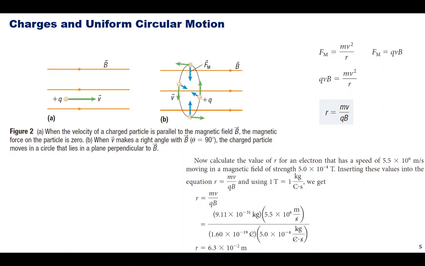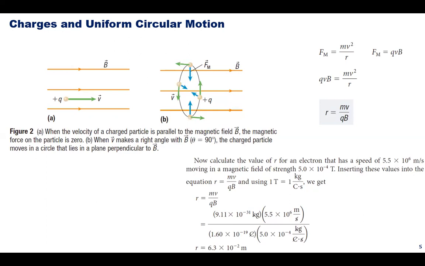We know that Fm, the magnitude of the magnetic force, should equal QVB sine theta, right? For simplicity, we can assume the magnetic field B is uniform. So the magnitude and direction of B are the same everywhere.